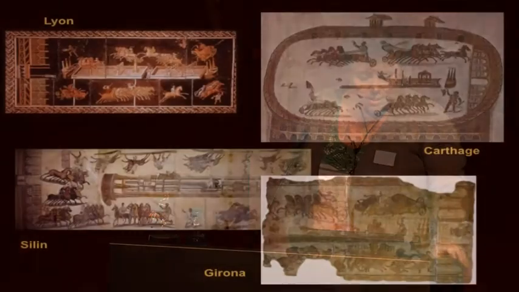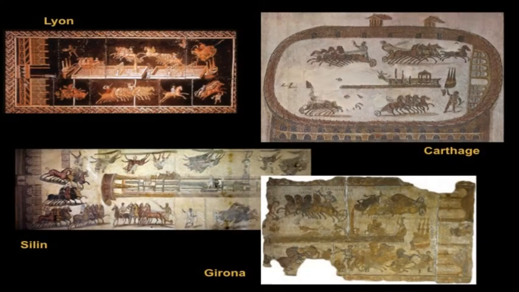And of course, these are counted off using lap counters, which are also another important part of the iconography. Here we've got both the golden eggs and the bronze dolphins.